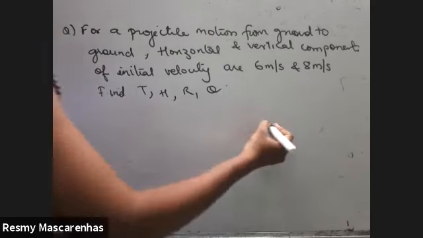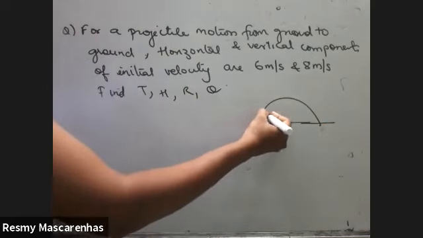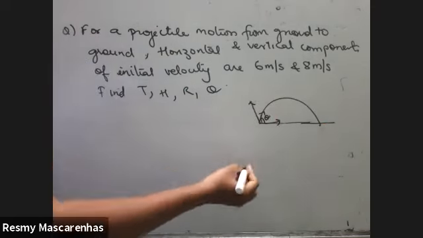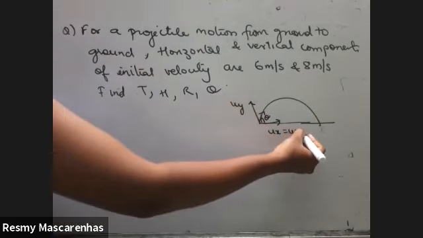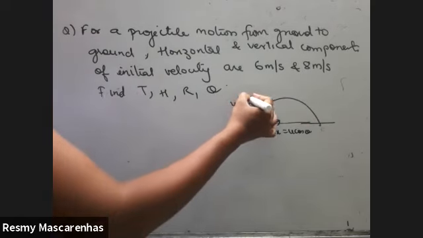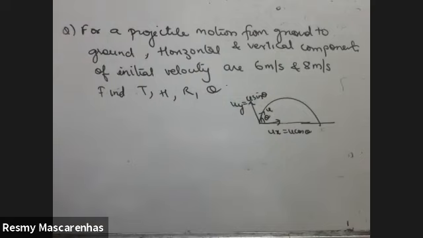Let's say this is your theta, this is your ux, this is your uy, this is u cos theta, this is u sin theta, this is your main u. Now this time ux and uy is given.